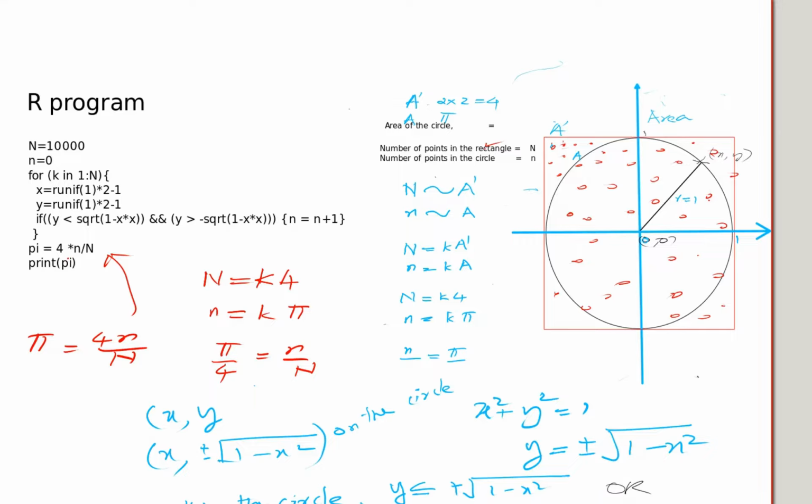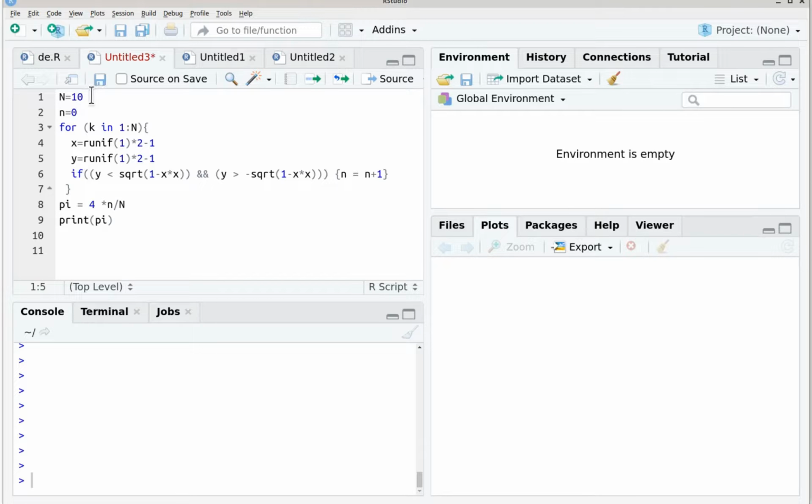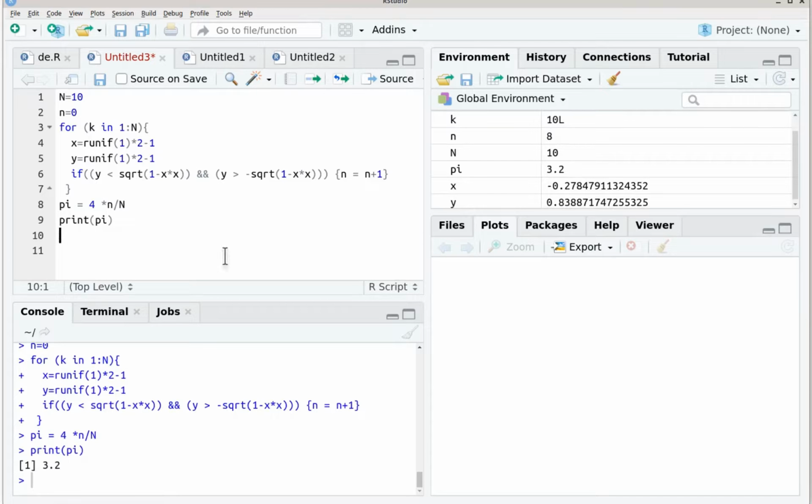Let us run this simulation. Let us initially put capital N equal to 10, so that we are only generating 10 points. So we will run that. After the loop is over, we will get the number of points falling within the circle, that is small n. Then pi is equal to 4 star n by capital N. Then print pi. So let us run this program one by one. Okay, so we got pi is equal to 3.2 because we only generated 10 points. If we increase the number of points, we may get more accurate values.